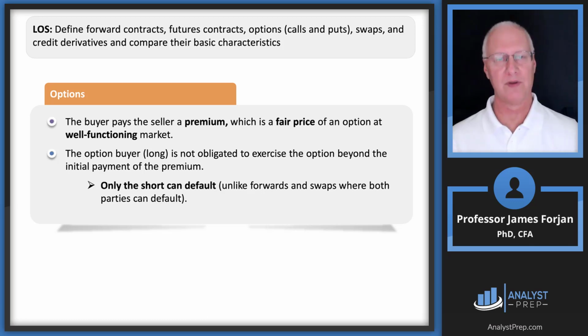And so the price of an option is also known as the option premium. So the buyer pays the writer or the seller of the option a premium. And depending on the conditions of the market and the conditions of the option, these premiums can be quite high. And the reason that they're quite high is because the seller of the option knows that we are very lazy and that we want to do nothing at some point in our life. So they're going to make us pay for the right, but not the obligation.